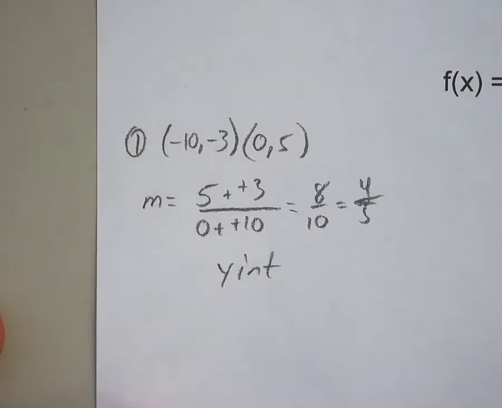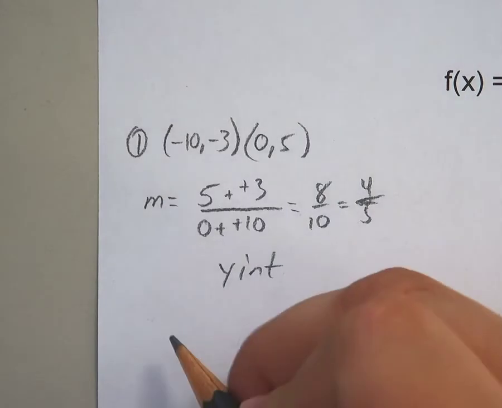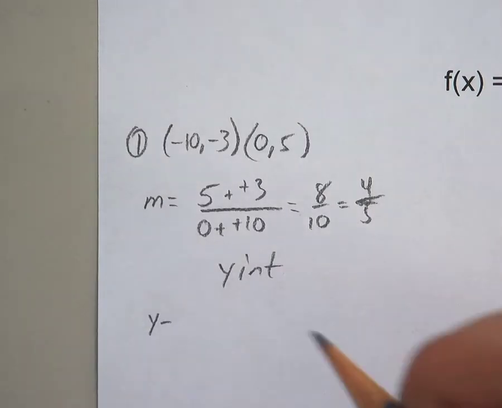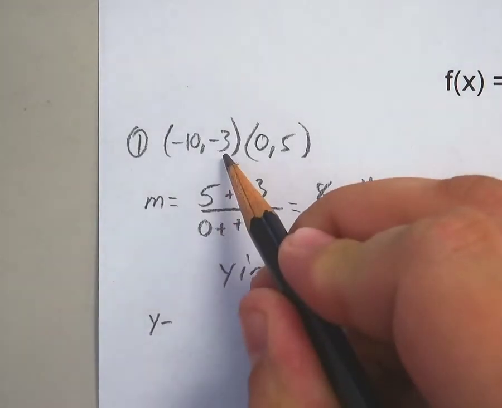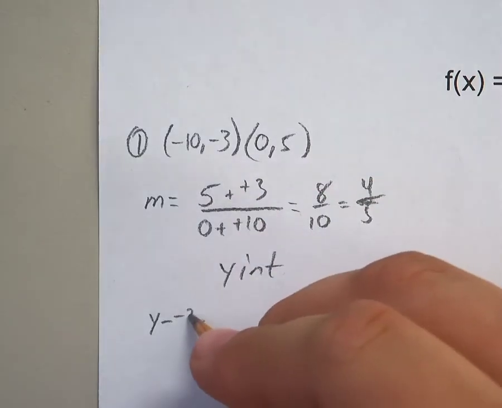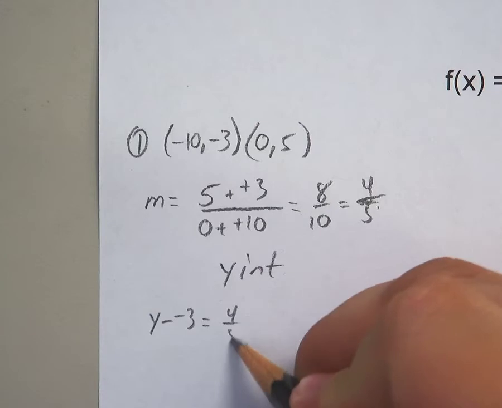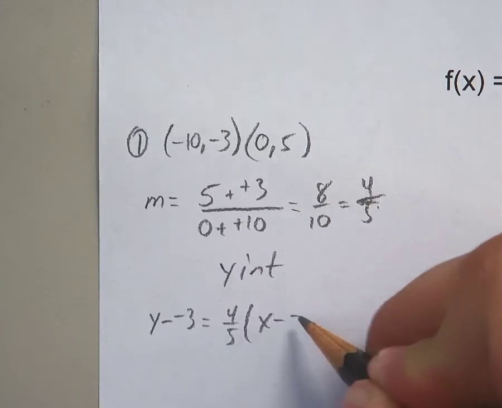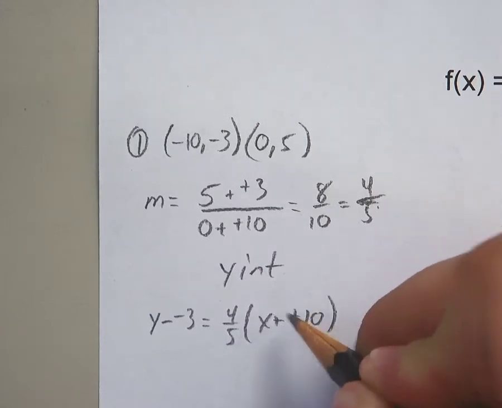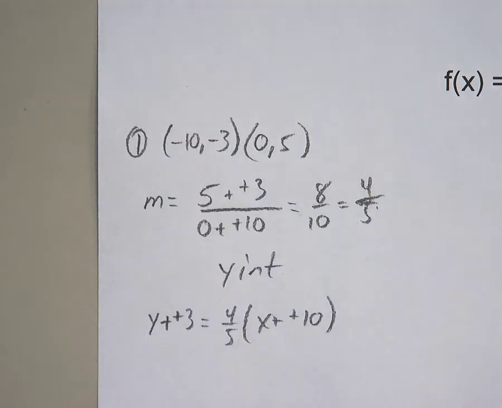Just to kind of get you used to it, let's say that I didn't know what my y-intercept was. So I'm going to go to point slope, y minus y1, and I'll call this y1. y minus -3 is equal to m times x minus x1. So again, that's y minus y1 equals m times x minus x1. That's a formula you have to have memorized.